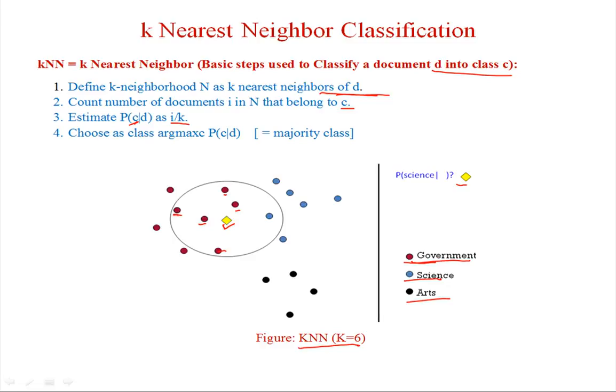So 5 by 6. And for blue documents it is 1 by 6. So 5 by 6 is greater than 1 by 6. So the yellow document will be part of the government class. Now choose the class by argmax, as I already discussed.